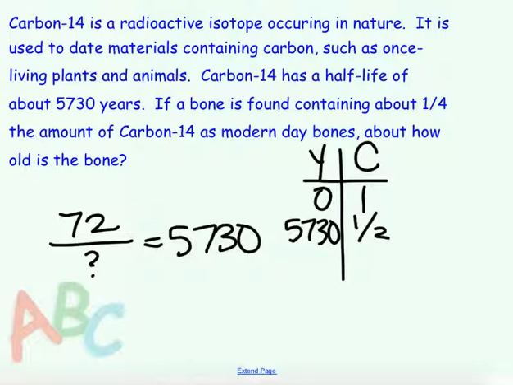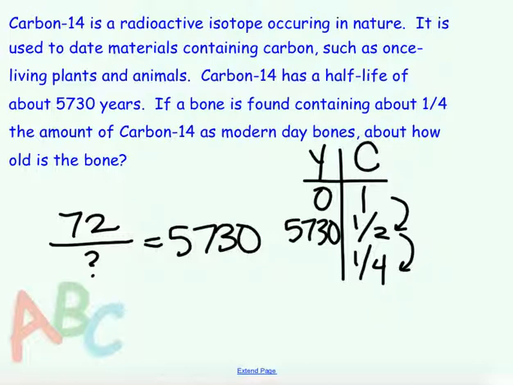it only has now half of the carbon. Okay? Now the question is, we're getting closer, but we only now have 1/4 of the amount of carbon. So if I have halved it from here to here, and now halved it again, that means that I have also had another 5,730 years.